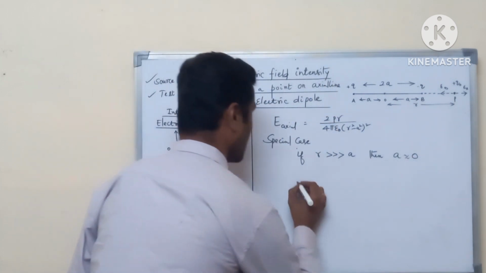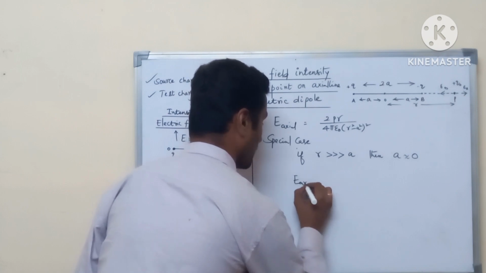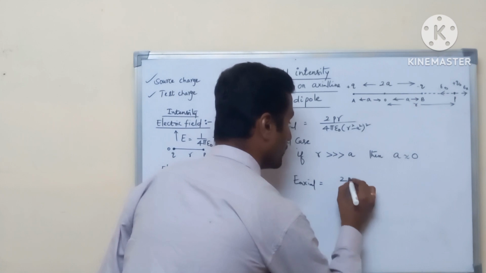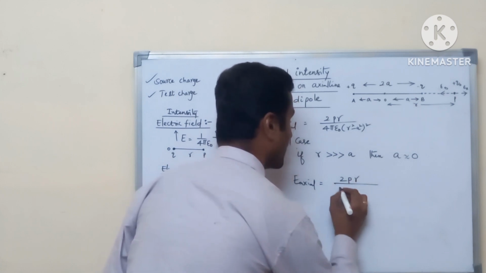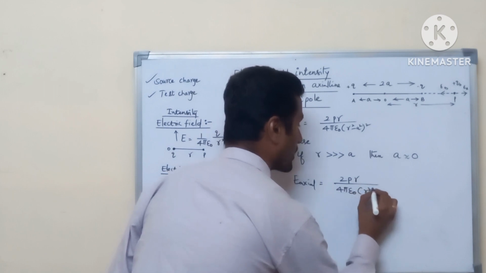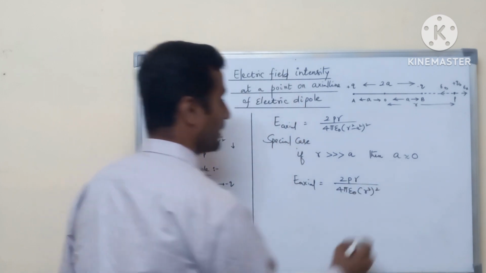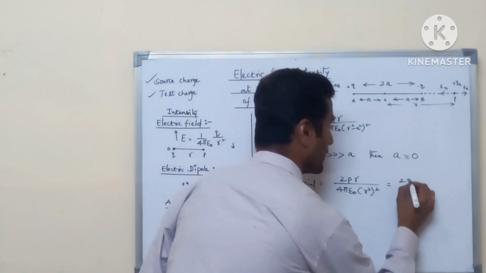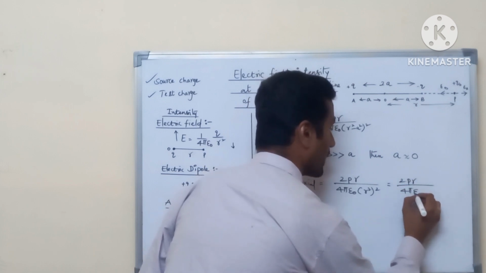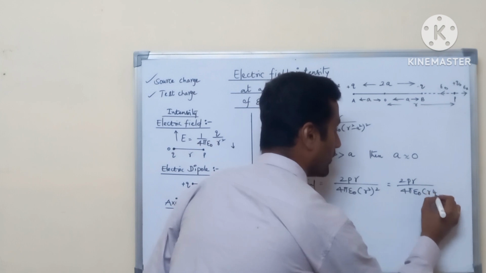Then we can write E axial is equal to 2pr divided by 4 pi epsilon naught into r square whole square, which is equal to 2pr divided by 4 pi epsilon naught into r power 4.